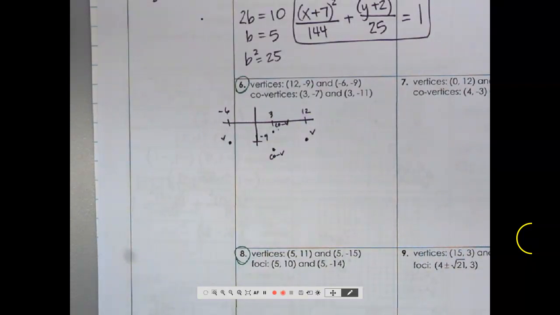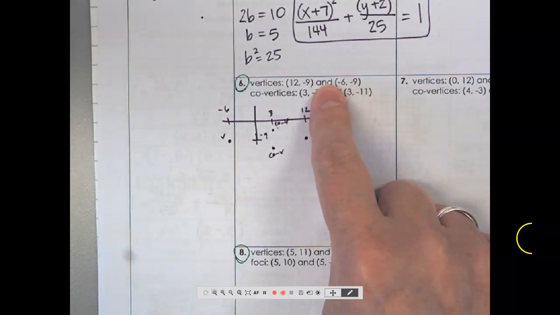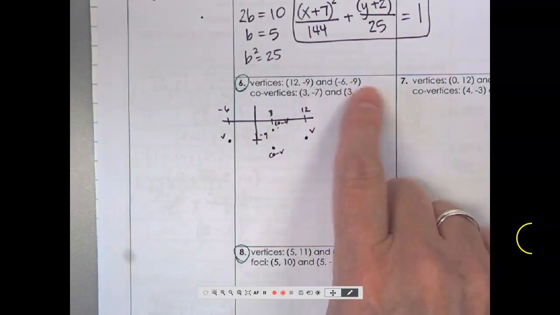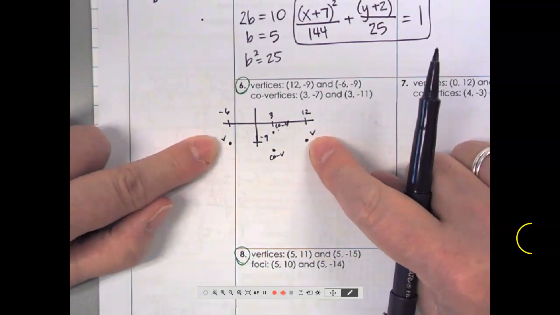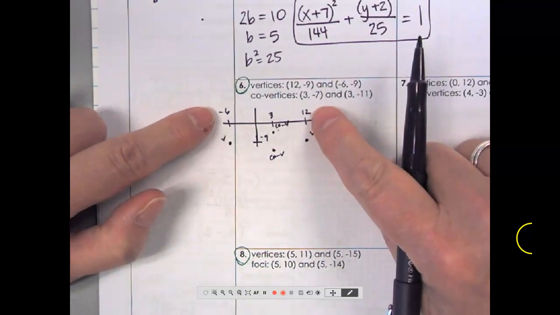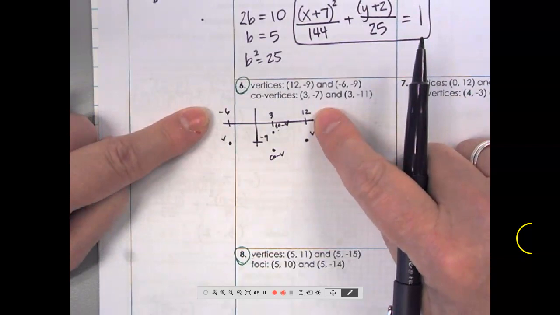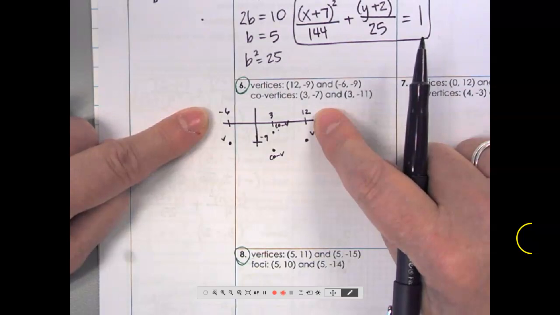Okay, well, where's the center? It's going to be in between these or in between these. Halfway between either one of those. I'm going to take these right here. What's halfway between 12 and -6? Average those two numbers. What do you get? Divide by 2, 3.